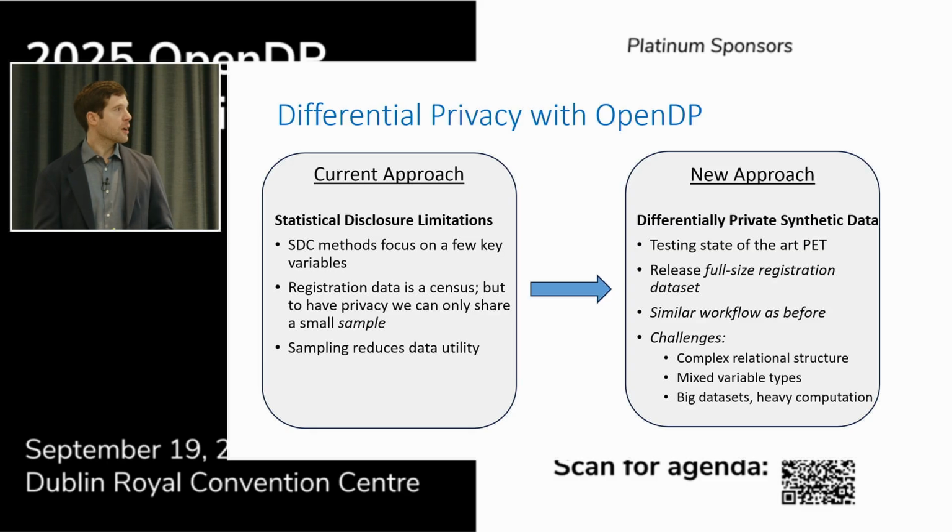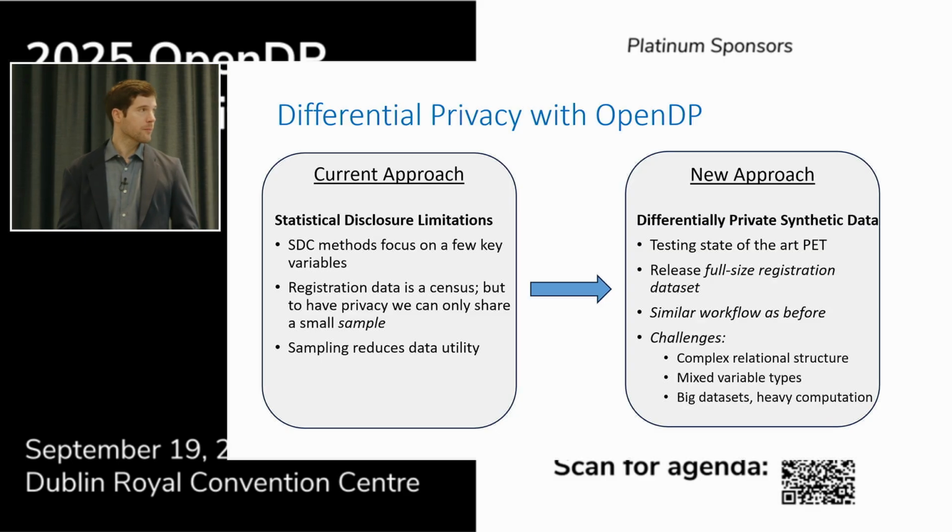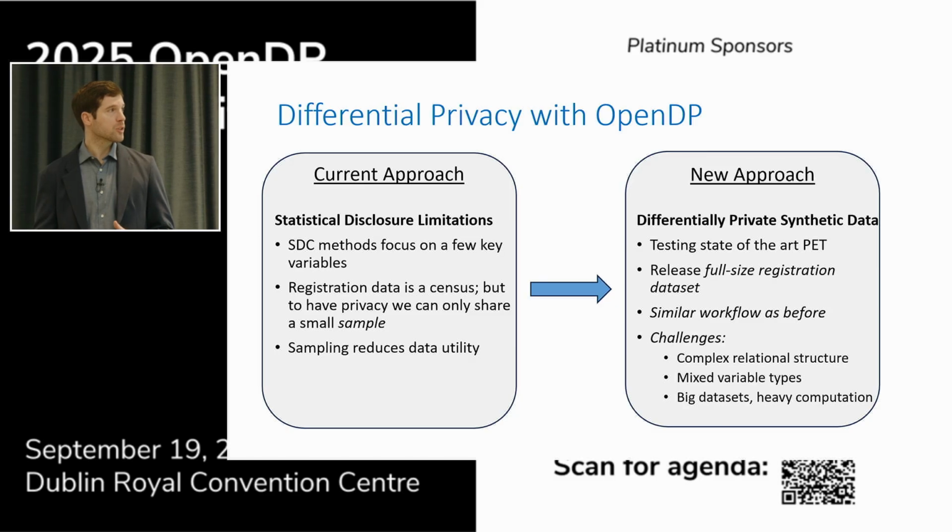The main reason is that when you get a census, the estimated risk is very high. So the only way was to reduce a lot of the detail or to share only a small sample. And of course, the utility would be much lower. With OpenDP and with synthetic data, we were able to produce a full-size data set. So this was a big advantage.